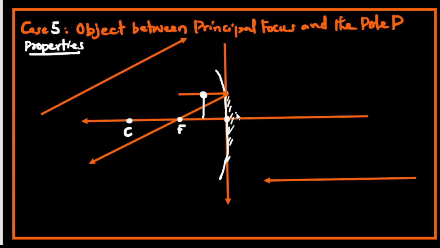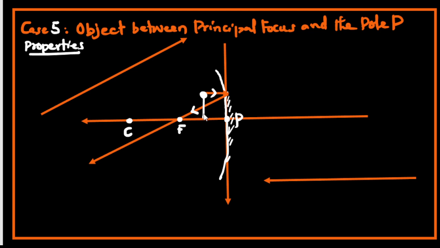It's standing between the principal focus and the pole. So, still making use of rule 1, I will draw a ray from the edge. Can you see that? Then the next, since this is incidence, then we shall have the reflection. The reflection is already there, so that has been taken care of.